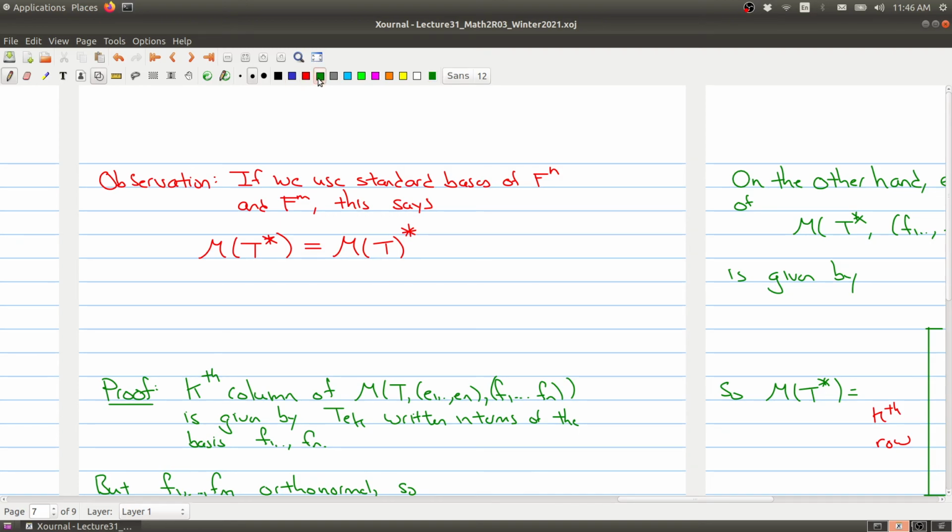So this is the conjugate transpose of M(T), and over here, this is the matrix of the adjoint. I'll say a little bit more about this in the next part, and we'll also verify this particular fact.